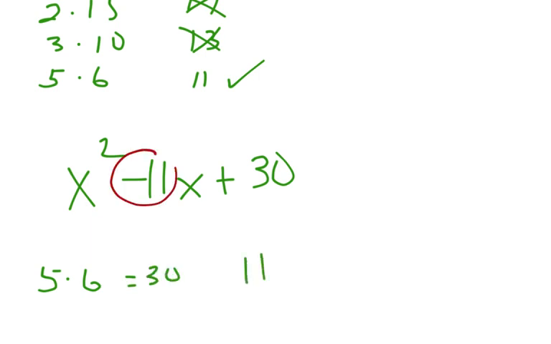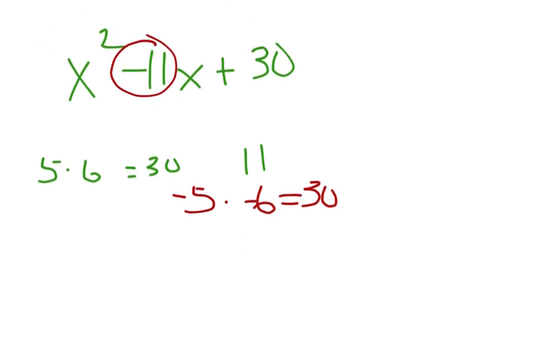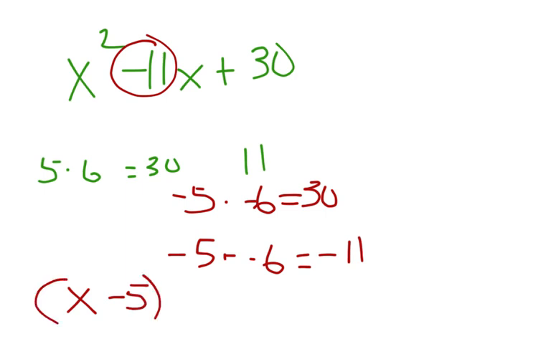However, it's negative 11. Negative 5 times negative 6 is positive 30. Negative 5 plus negative 6 is negative 11. So that's what we want. So it's x minus 5, x minus 6.